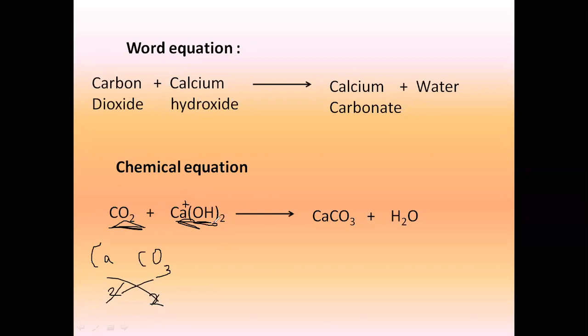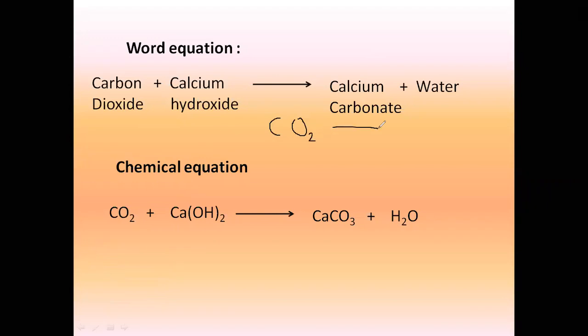If you're not able to understand, I'll repeat once again. Do not worry. You have to keep one thing in mind, student. जब भी CO2 reactant में होगा ना, so in the product it is always going to form one of the products as CO3, and it goes vice versa also. अगर CO3 reactant में है तो product में CO2 बनेगा.